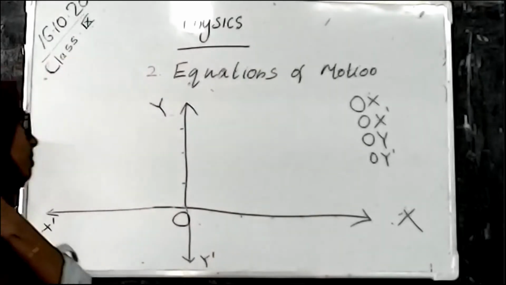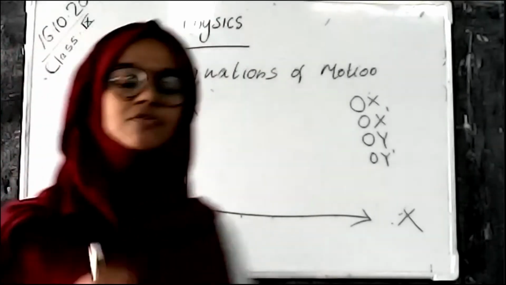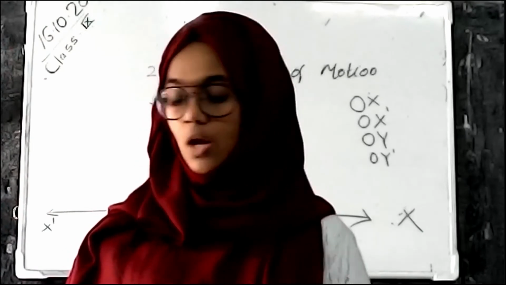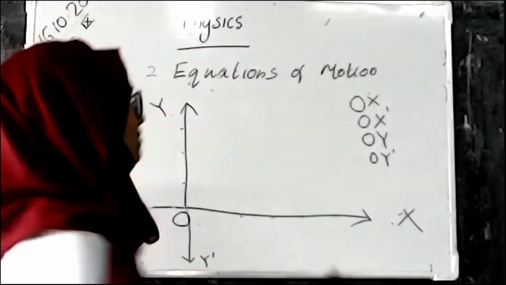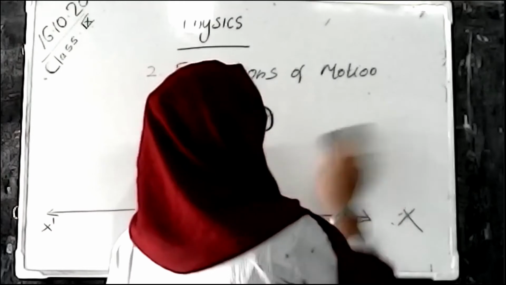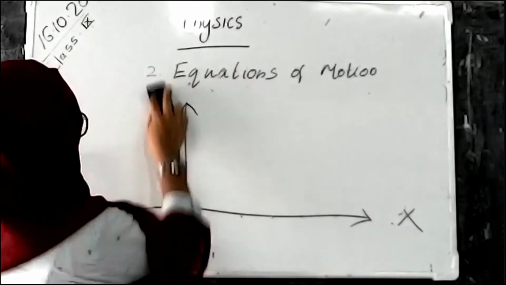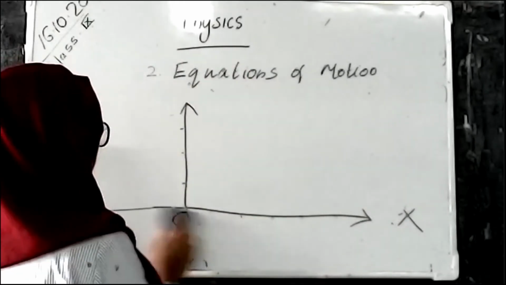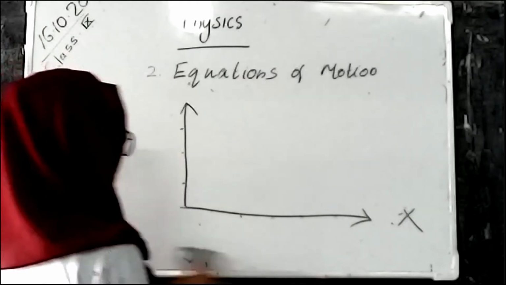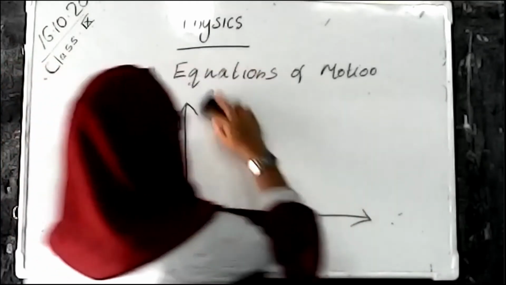So a graph has some uses and a graph has some properties. Now we understand a graph has XOX' and OY and some other properties. Okay.